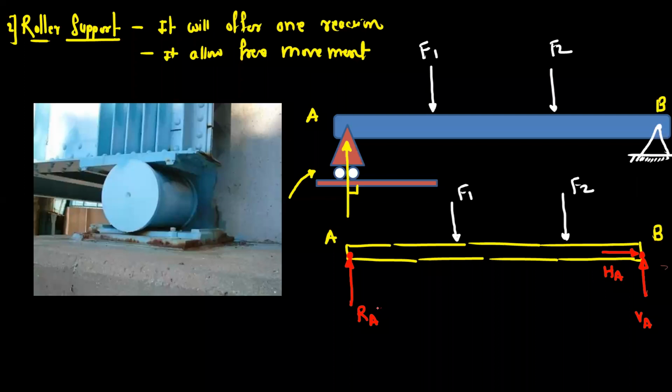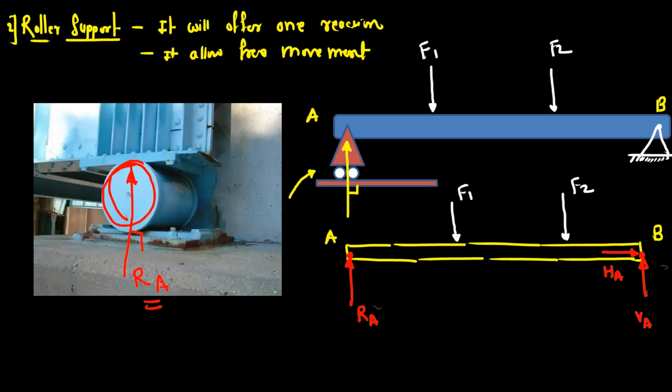So you can see here the application. So this is the roller support. So at the point, reaction will be exactly perpendicular. So suppose this is the reaction RA.